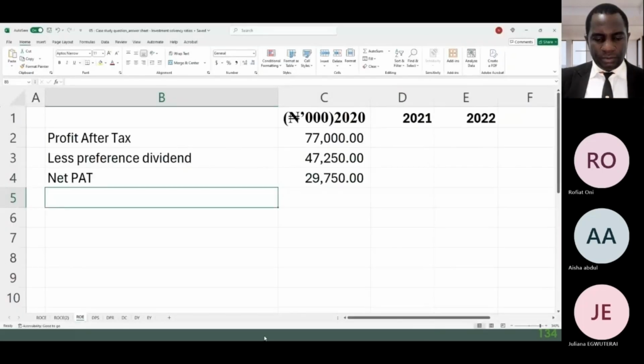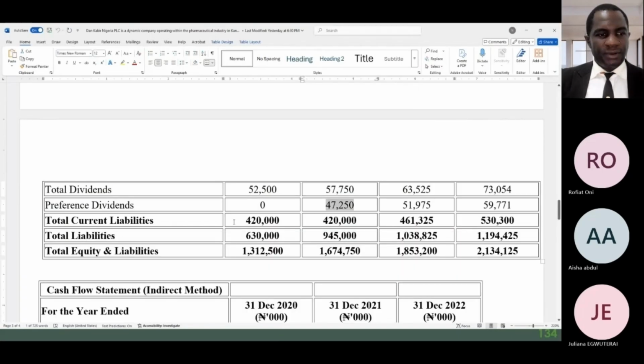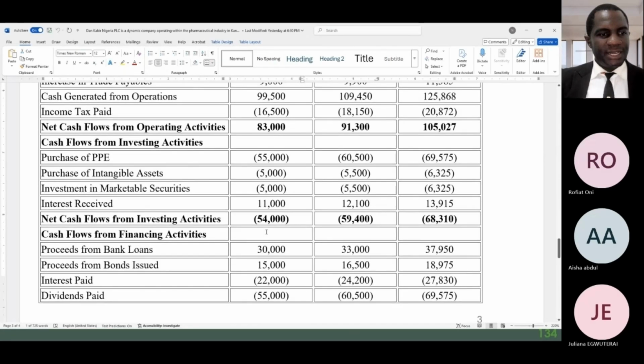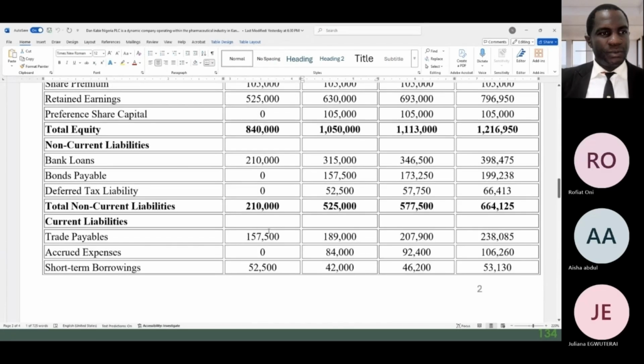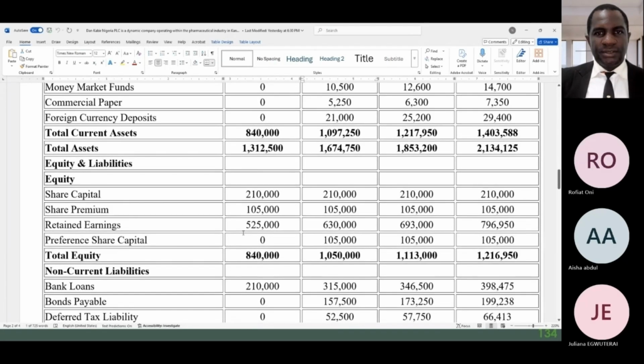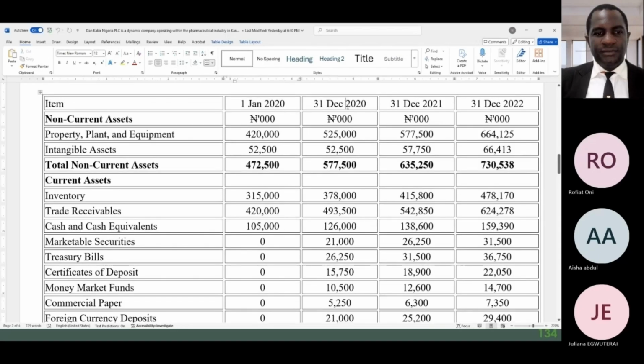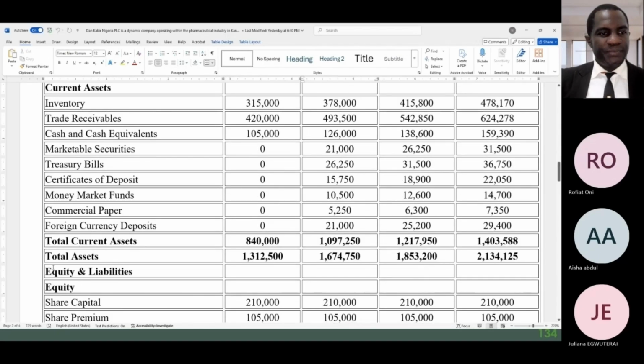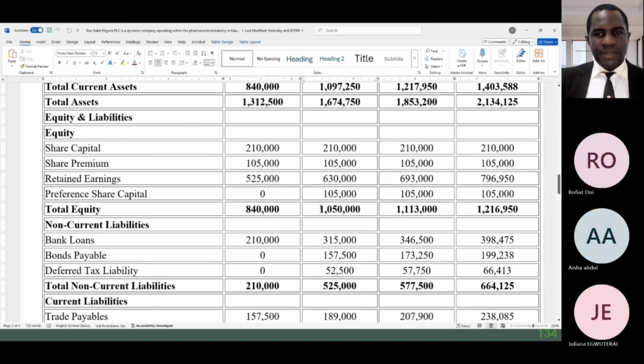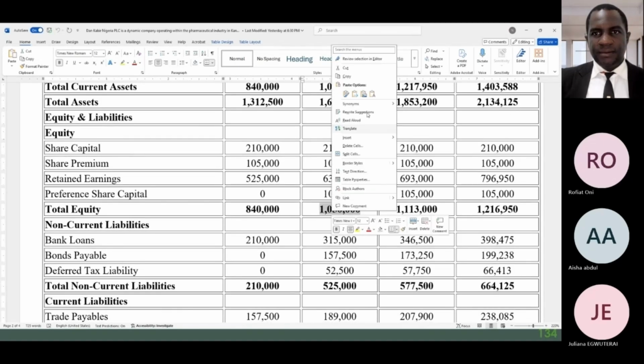Okay, so let's go now to Dangote and have our denominator, which is our total equity. So what is our total equity? Don't forget you have the beginning and the end of the year. So our total equity is 1.5 billion.